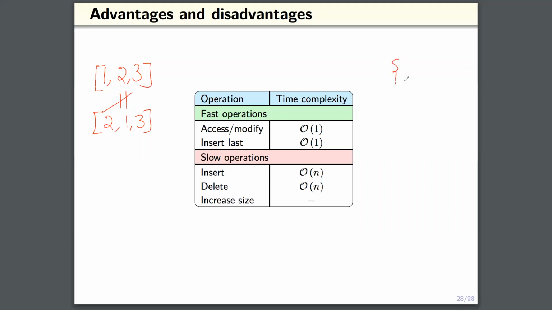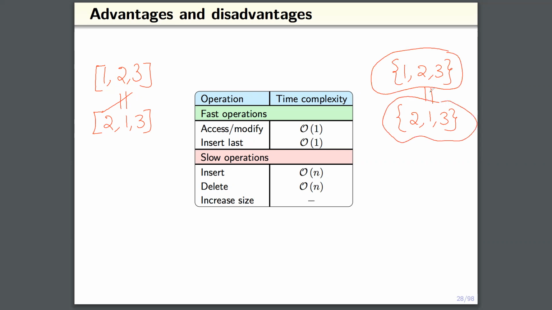But on the other hand, a set is an unordered collection. 1, 2, 3 is the same as 2, 1, 3, right? They mean the same. It's just a bag of numbers. So here the order does not matter, but here the order matters.